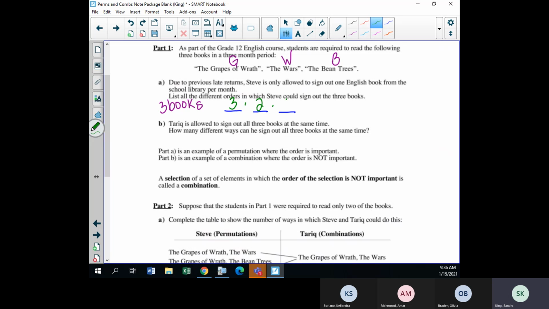And in the last month, he's only got his last book to read. So there are 6 different orders in which he could sign out books. He could do GWB. He could do GBW. Switch these 2. He could start with The Wars. There are 6 different ways you could arrange these 3 letters, so 6 different ways to sign out 3 books.